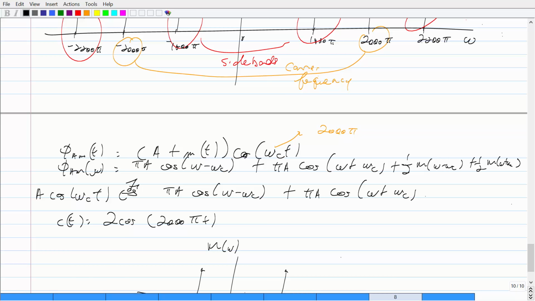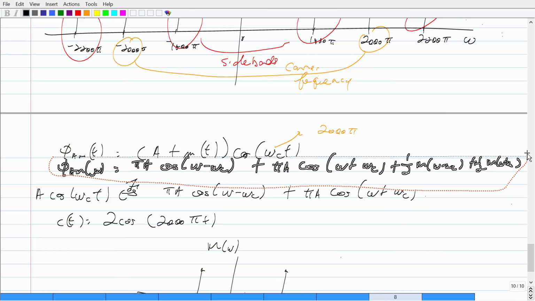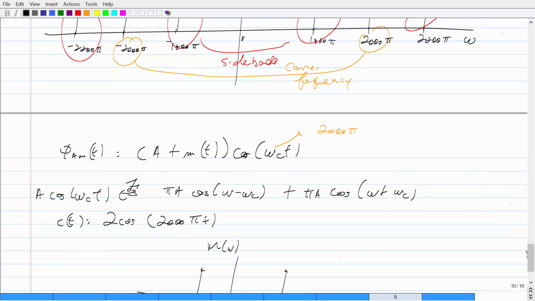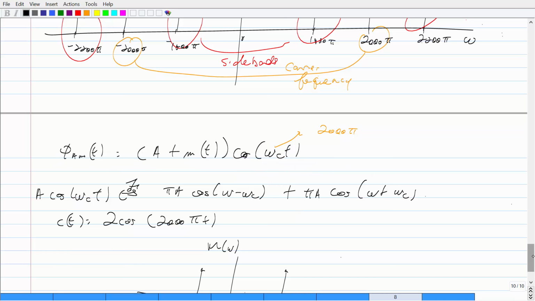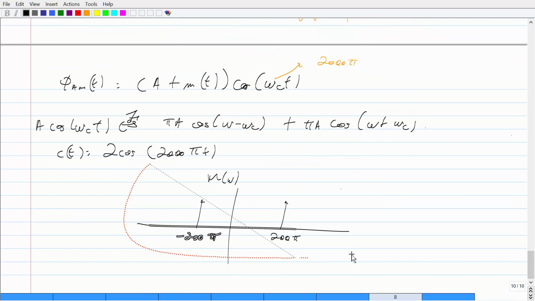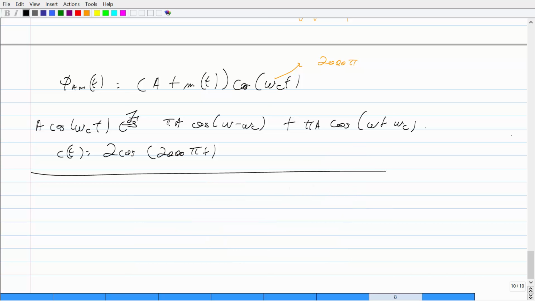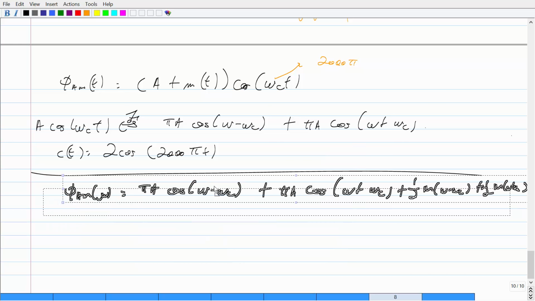Actually, let me copy this on the bottom, because it kind of looks out of place. Let me undo. There we go. Let me just cut. Okay, let me get rid of this for now, it's going to be a little confusing. So that's good, this is what I have here.